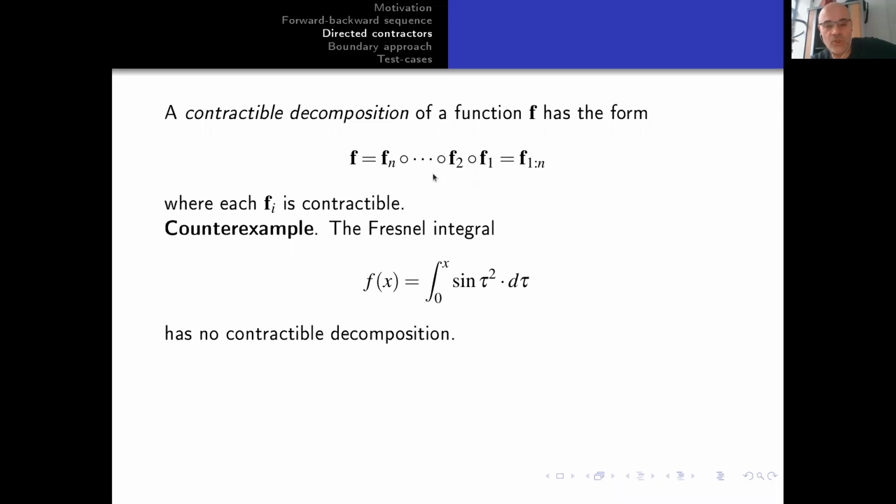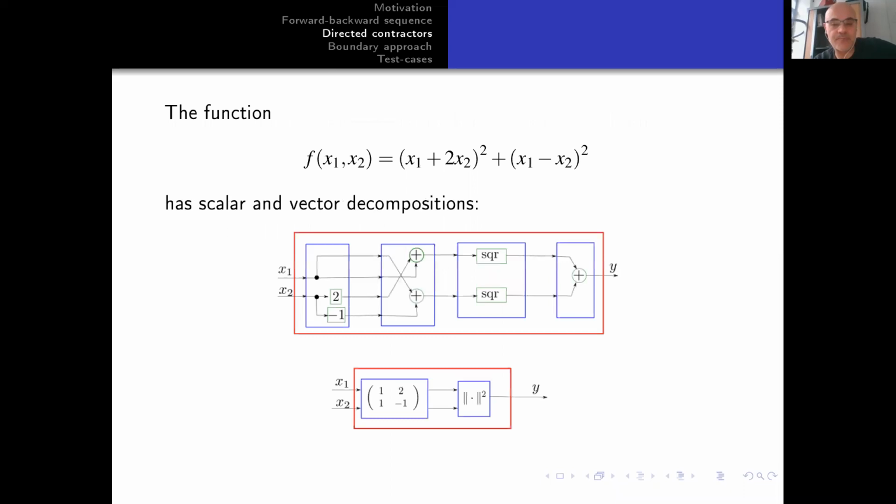And not all functions can be expressed like this. An example is a Fresnel integral that has no closed form with classical function. And this one cannot be decomposed in this way. But most of the functions we use that can be described by an algorithm have a contractible decomposition. So I will after explain how this can be decomposed automatically.